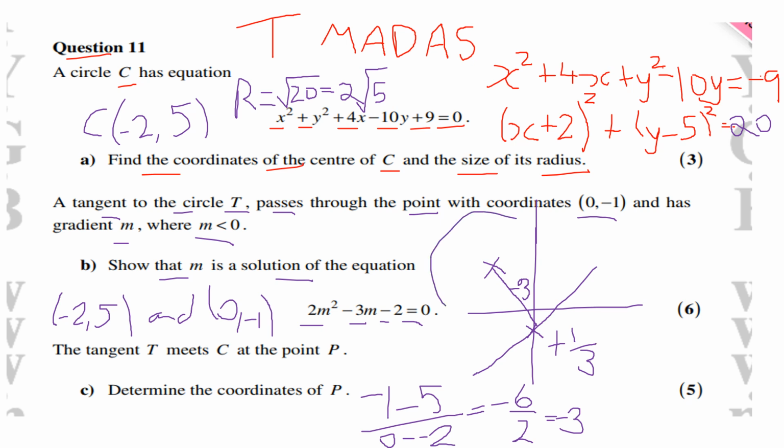The circle looks something like that. Obviously, it's not a perfect one. So minus 2, 5 here as a rough sketch, and then 0, minus 1. That has a negative gradient there.